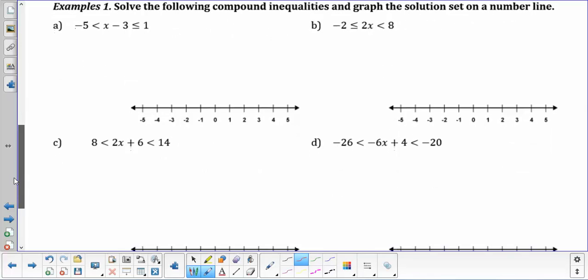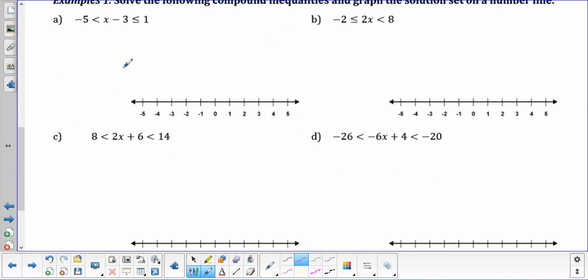When you have something that looks like A, the middle is what we're going to focus on. So we have x minus 3 is greater than -5 and x minus 3 is less than or equal to 1. Typically when we solved these before, we only had one side of this. So say we were solving the side with the 1. We would take 3, add that.